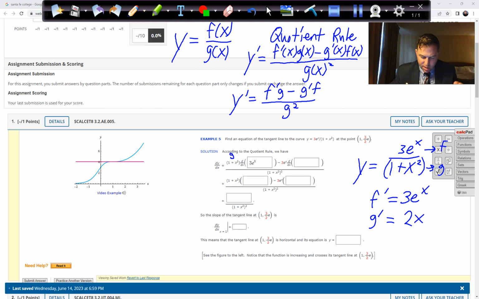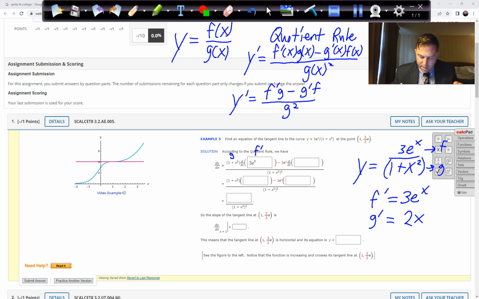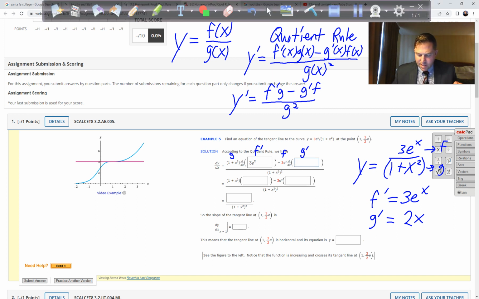They left g and did the derivative of f. Then they did minus, they left f alone, and they want the derivative of g. Okay, so they don't actually want the derivative of g yet, they just want the g function, which would be 1 plus x raised to the second.